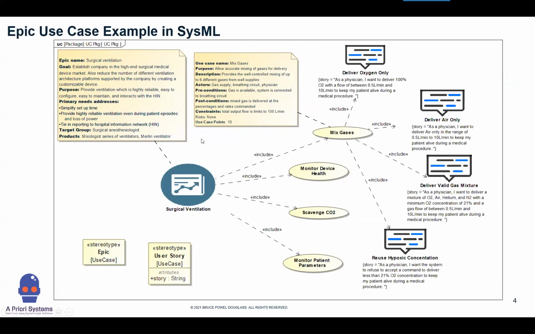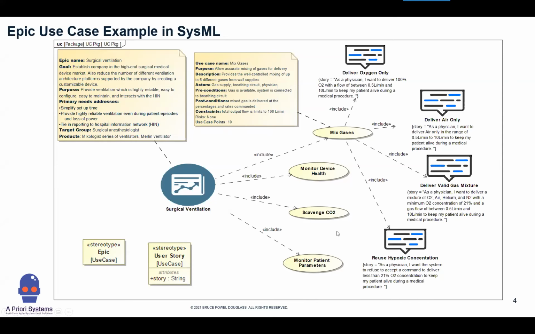Now, an epic here, a stereotype of use case, has a relationship to use cases. Collectively, these are bits of the epic. In this case, for surgical ventilation, we want to be able to mix gases: oxygen, helium, air, nitrogen, and so on. We want to monitor device health, doing both power-on self-test and ongoing built-in tests, or BITs.